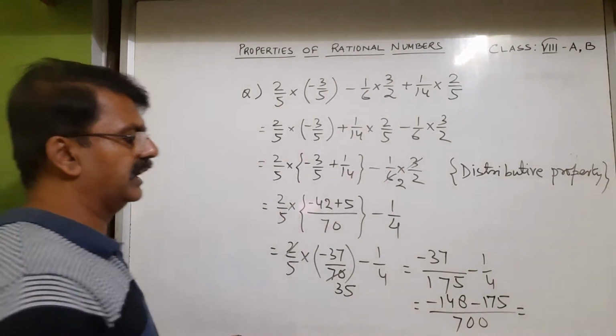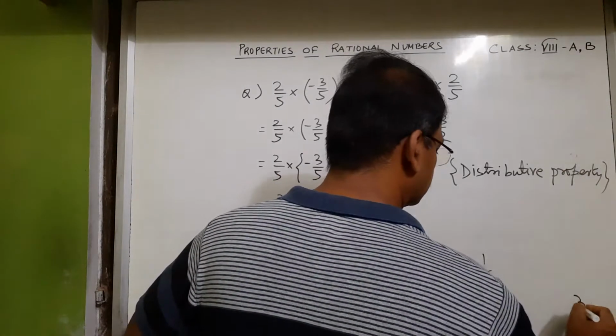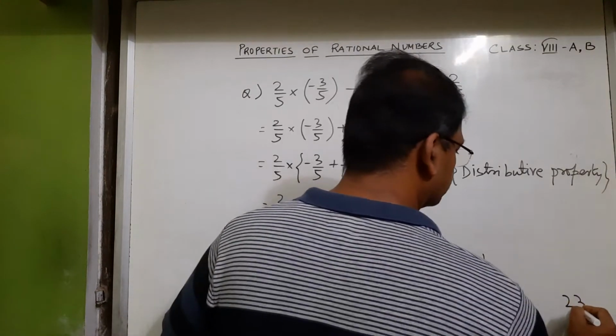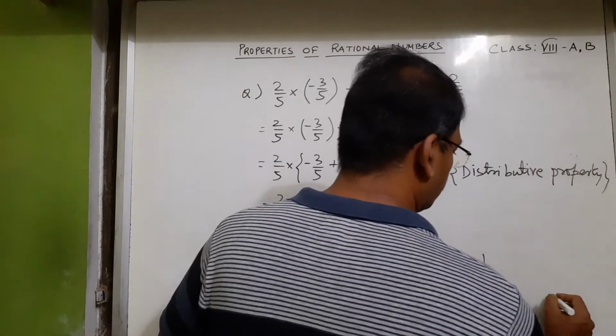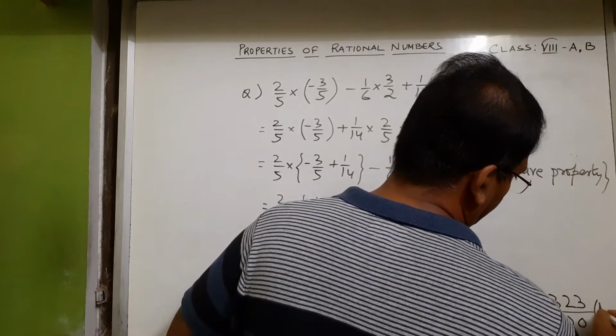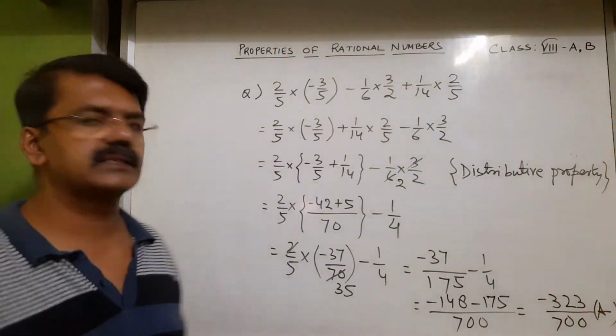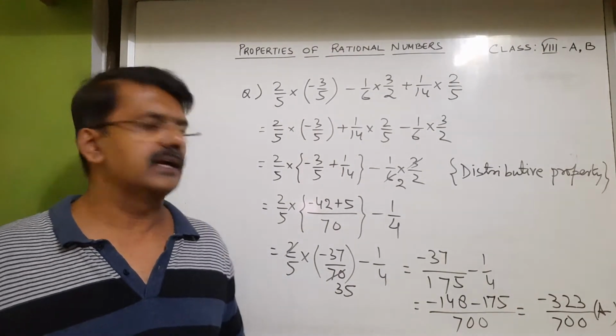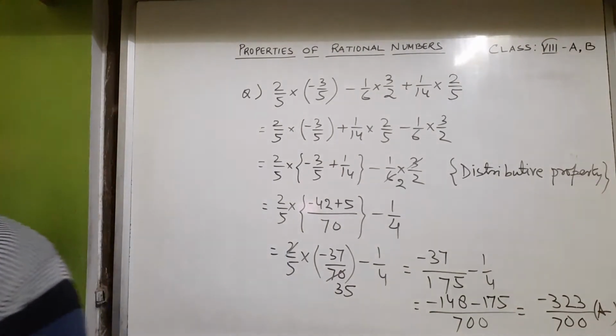And 175 minus 323 upon 700 will be your answer. The answer is minus 323 upon 700. Clear?